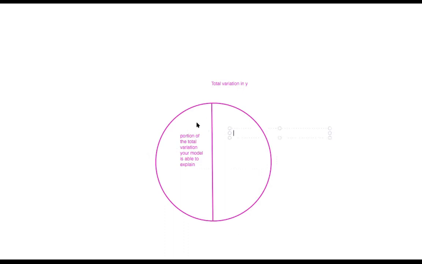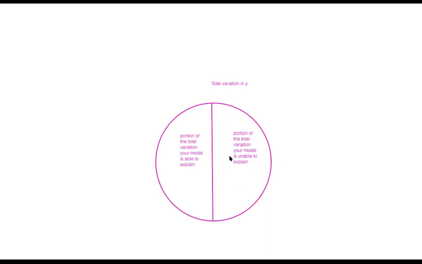So there are only 2 portions: the part that is explained and the part that is not explained. Of course, when I say total variation, I mean total variation in y. The portion of the total variation that your model is unable to explain or account for, we've already seen this.